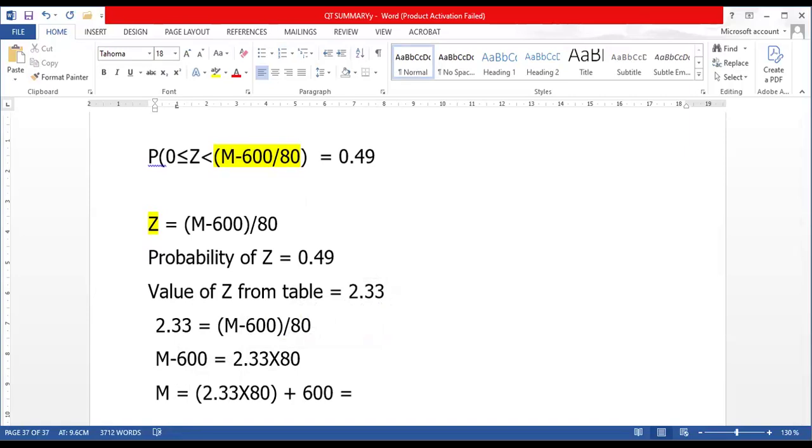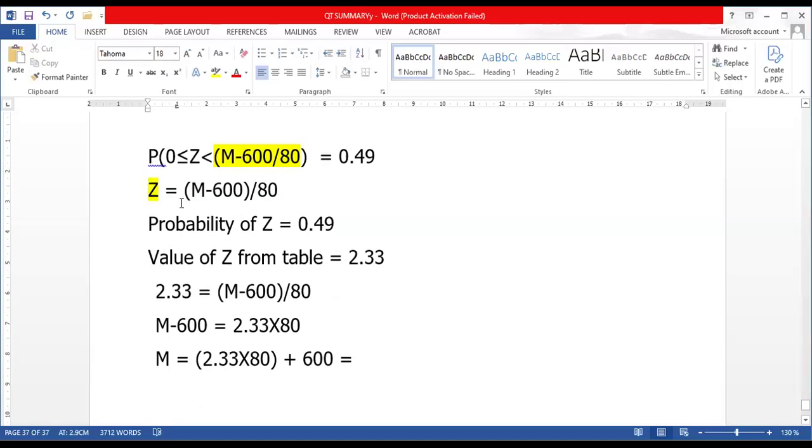Tell me how many miles? 786.4 miles. So that's how you are supposed to tackle it. This is your value of X, or the M.